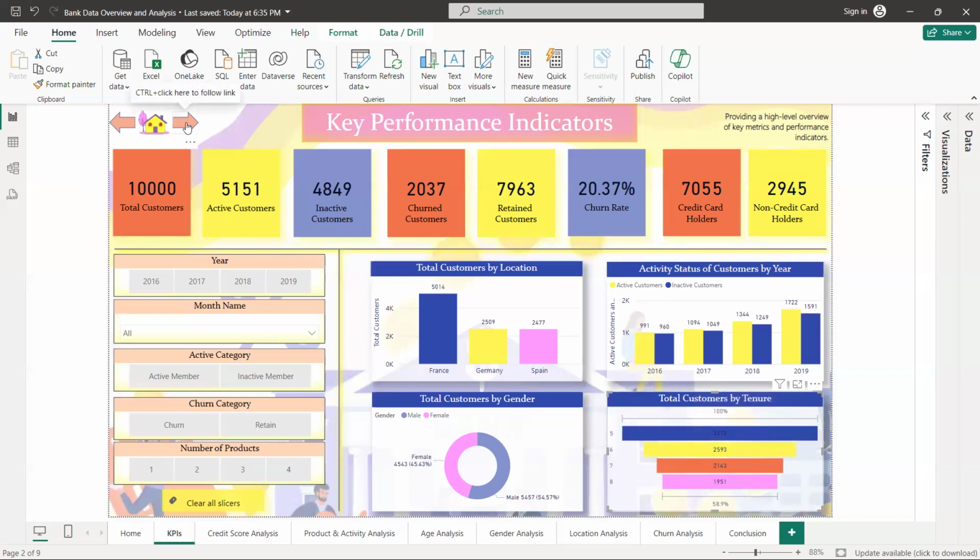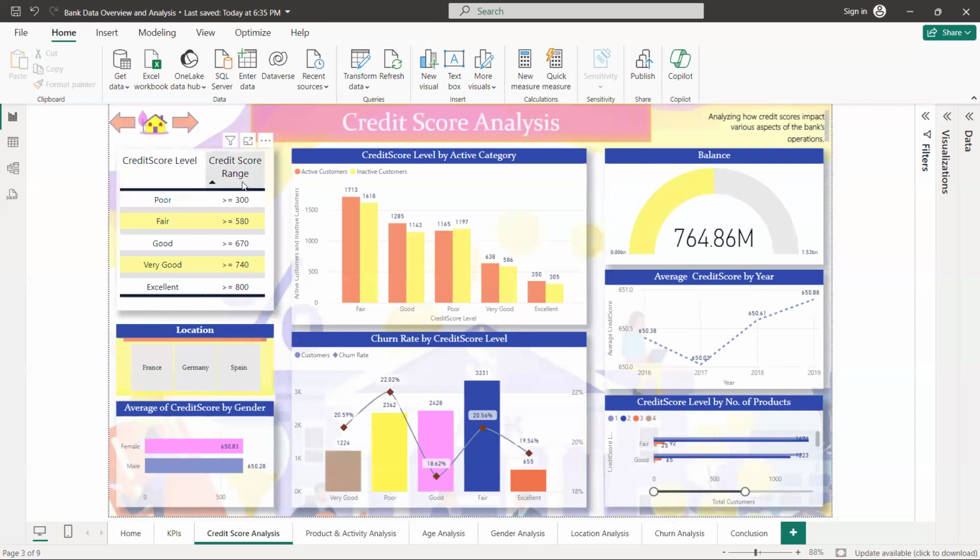Moving on to the next page, which is credit score analysis. Here we are analyzing how credit scores of customers impact various aspects of the bank's operations. As we can see, there's a table here that provides a legend to categorize credit scores into 5 different levels, the lowest level being poor, and then fair, good, very good, then the highest level being excellent.